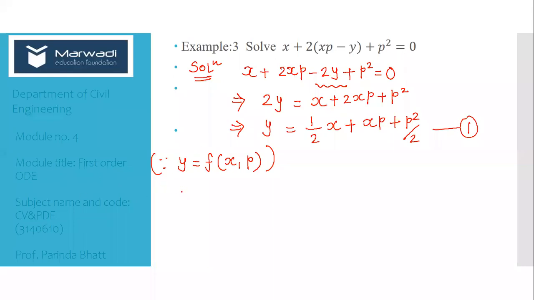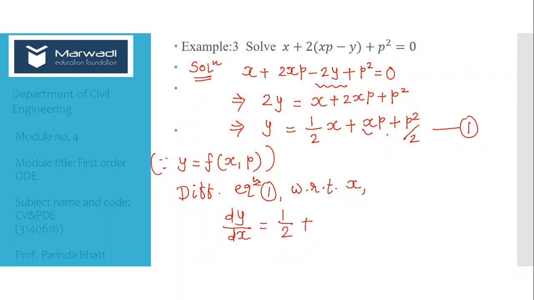Okay, now differentiate equation number 1 with respect to x. dy by dx equals 1 by 2, x differentiation is 1. Here apply the multiplication rule. X derivative is 1, therefore p as it is, and x as it is, p differentiation is dp by dx.